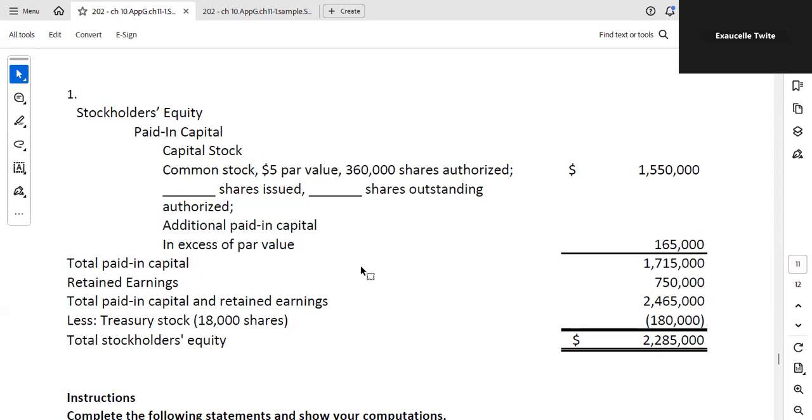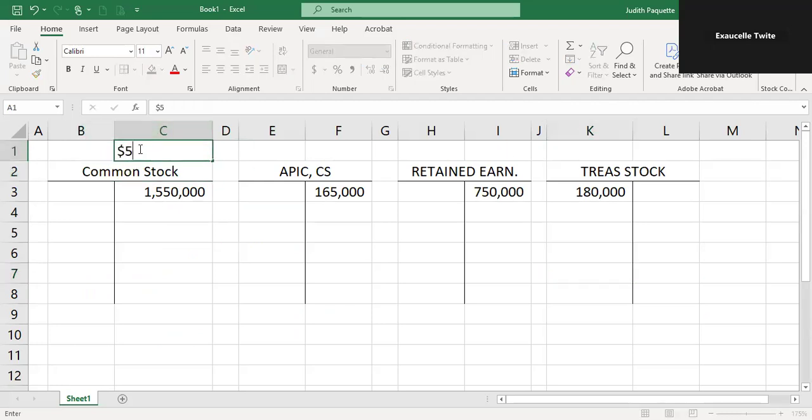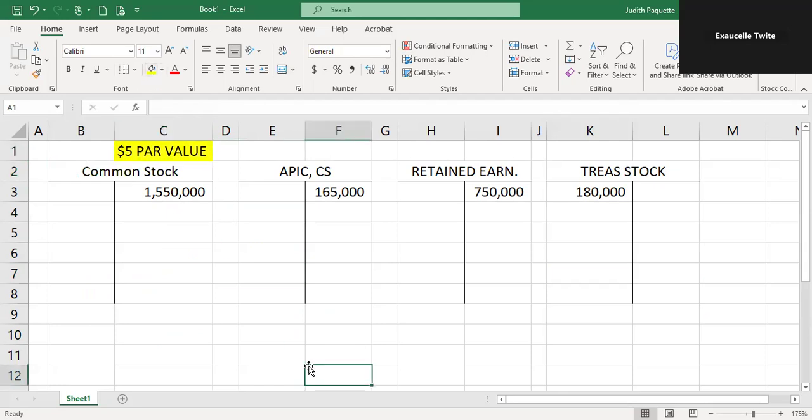All right. So let's go back to our T account. We have 1,550,000 in common stock. The problem has told us that it's $5 par value. So we know that. With that information, we can calculate how many shares of stock were issued.